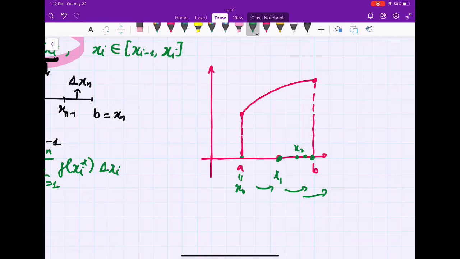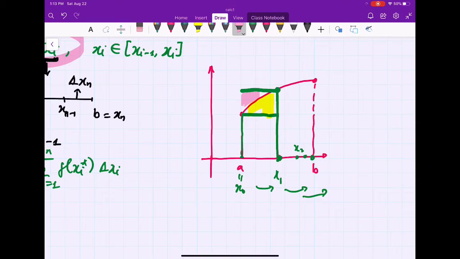Even on the first interval, whether you use the left endpoint or the right endpoint, you still have an error. The error may be right here or right here. That means this partition will not help you get the exact area of the region.